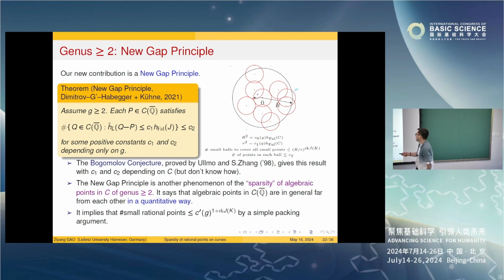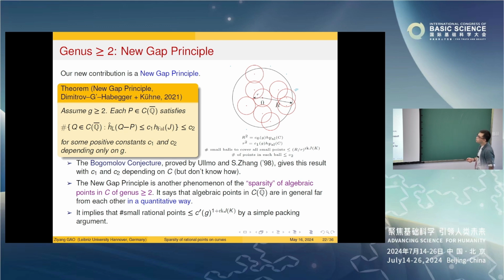But still, their results already say that these algebraic points should be sparse from each other in a non-uniform way. We prove it in this quantitative way, and show how uniform it can be. It is a quantitative way to say that algebraic points are really sparse. They're far from each other in terms of the distance.